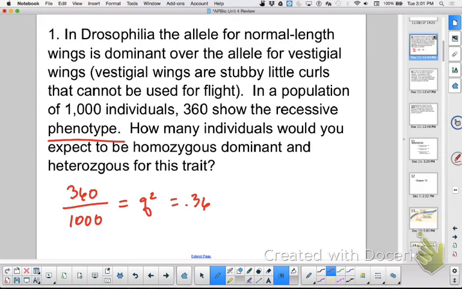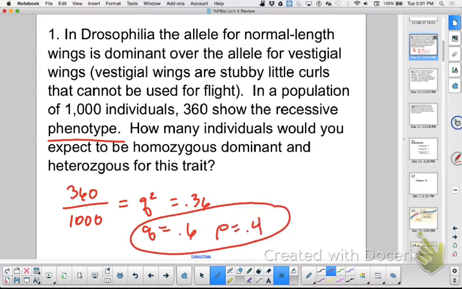What's my next step? Square root, right? So I take the square root of this, I know that q is going to equal what? 0.6. Once I know q, what else do I know? p. When I'm dealing with p, what is p going to be? These are in my gene pool.